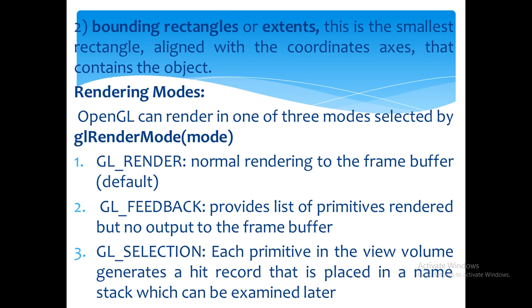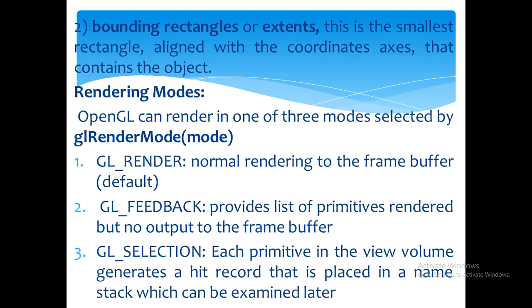Each primitive in the view volume generates a hit record, placed in a name stack. There is one more technical word, the name stack, another feature available in OpenGL, which can be examined later.